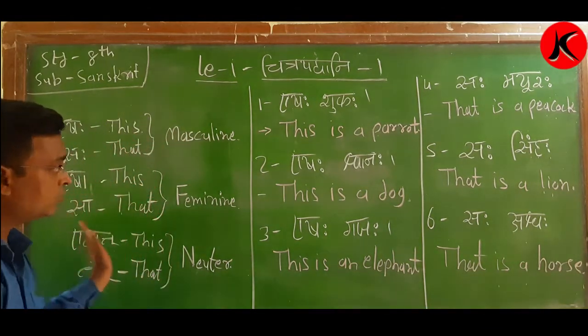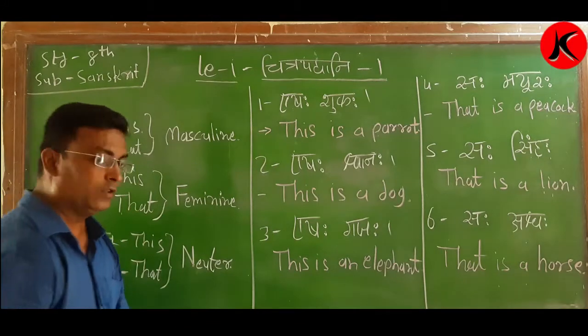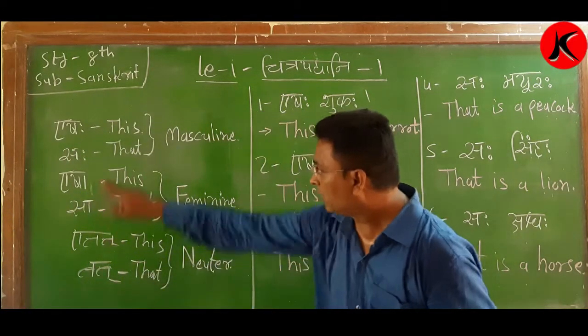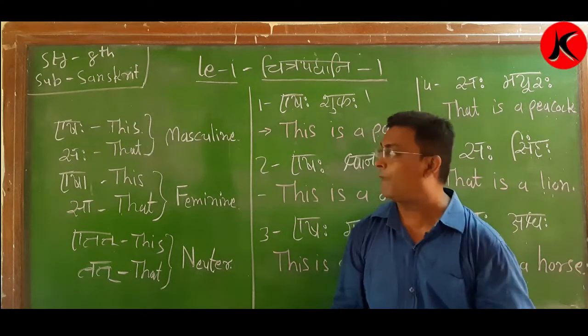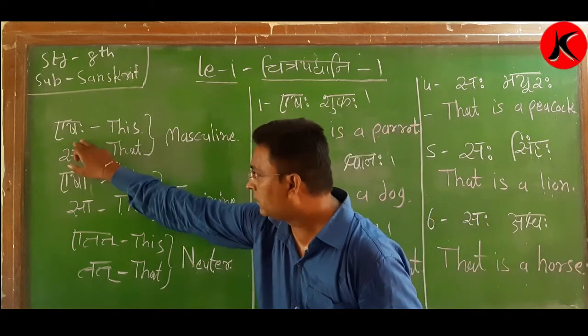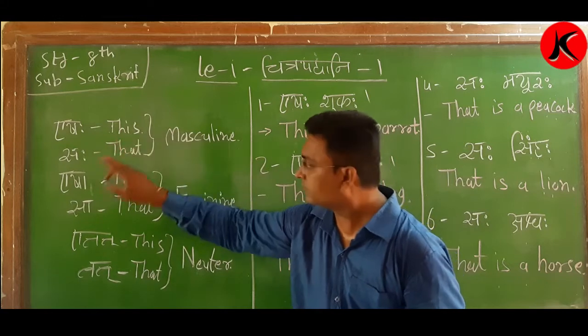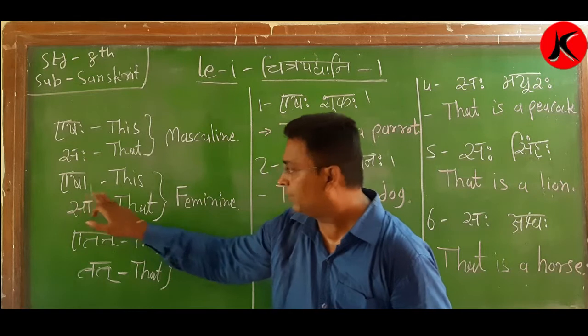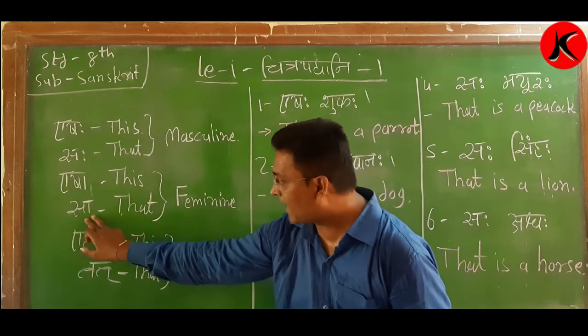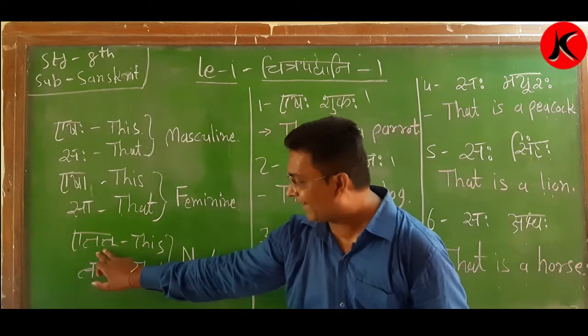Now, just see, here total 3 parts are there. The first part, this one. I think one question is in your mind. Esha means this. Sah means that. Esha means this. Sa means that.